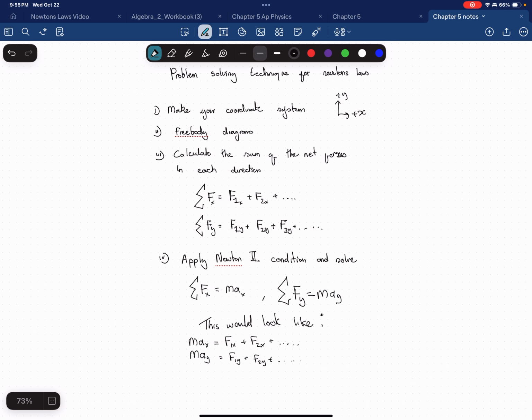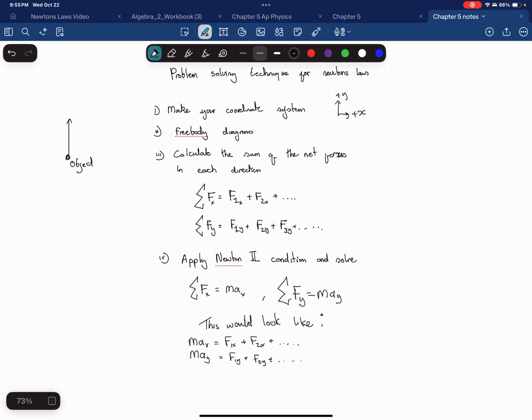By the way, how to draw a free body diagram: you need to have the tail of your vector on the object, and the tip in the direction of where the object is going.